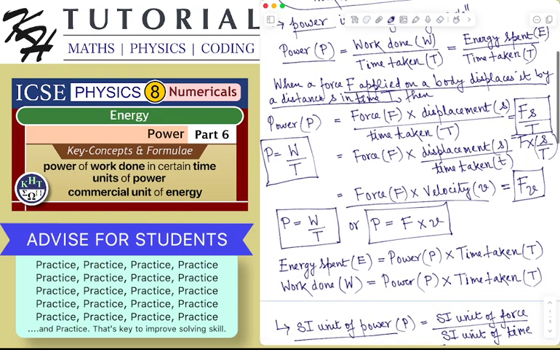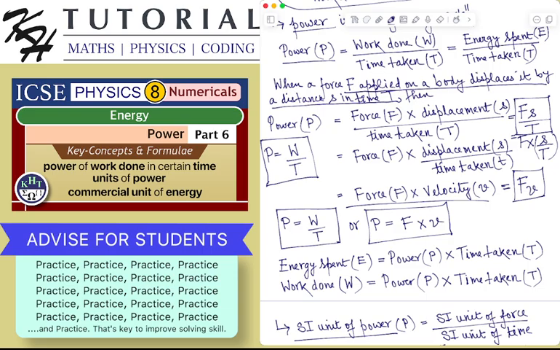Okay, so as you can see, if you know the power of a force and the time for which the power was applied, then the total work done or the energy spent can be calculated.